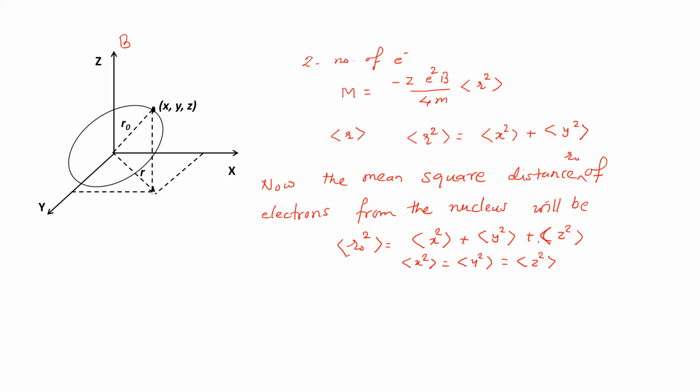From this we can write average r square is equal to twice average x square, and average r0 square is equal to thrice average x square.